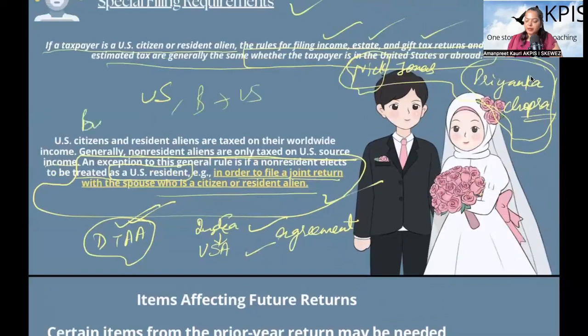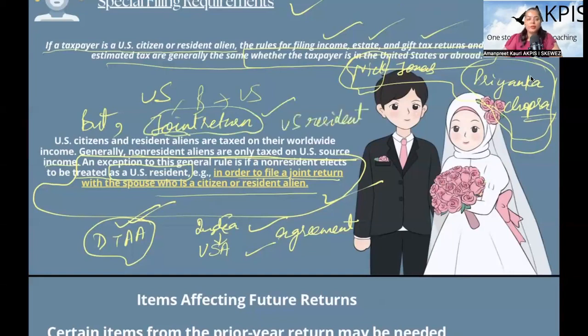But if he or she gets married in the United States of America and is filing a joint return, in that very particular situation, what is the benefit of filing a joint return? To claim more deductions and higher limits. So in that situation, if she elects to be a US resident, he or she is supposed to pay tax on worldwide income in spite of the fact that he or she is a non-resident of the United States of America.